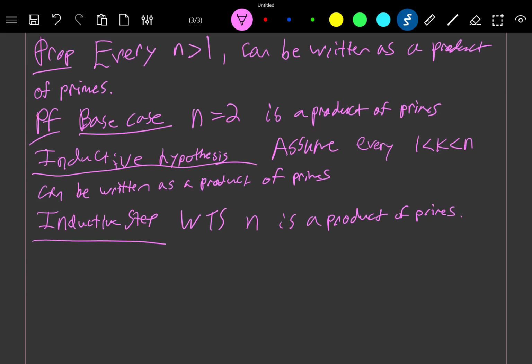So how can we do this? So there's two cases. Case 1, if n is prime, then n is a product of primes.